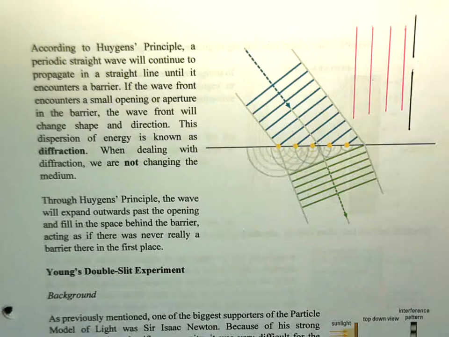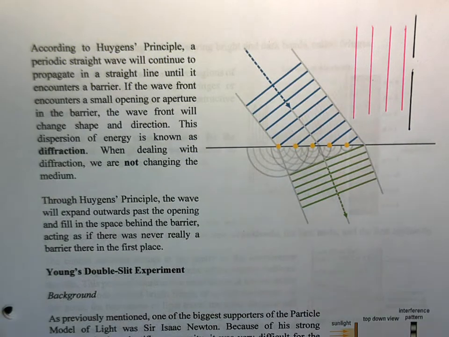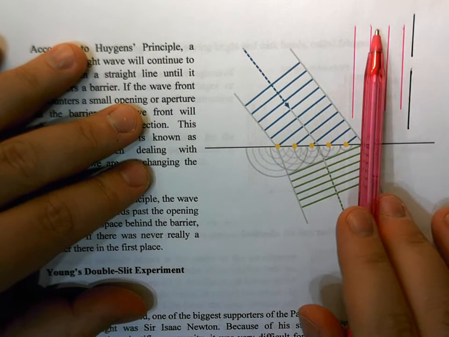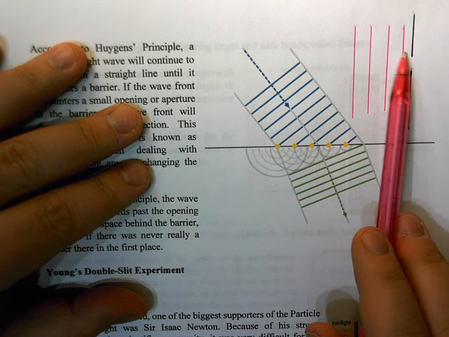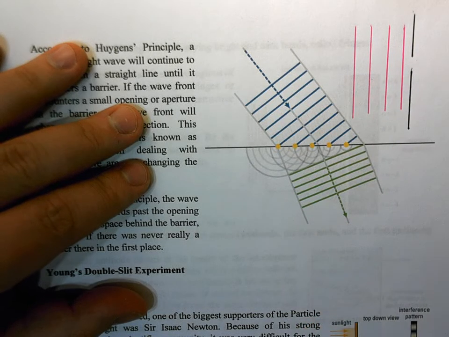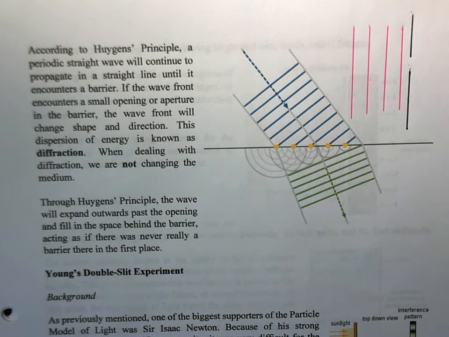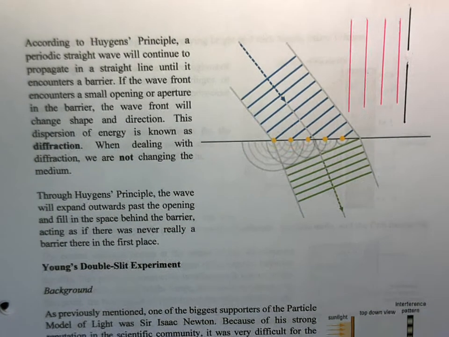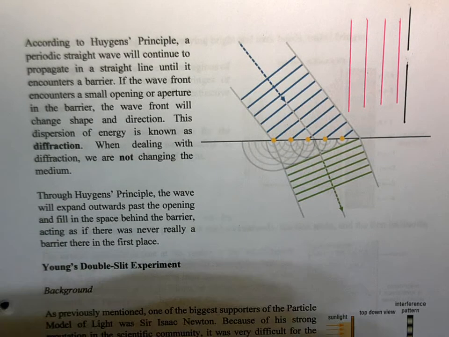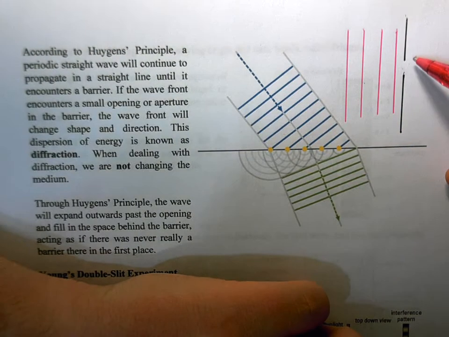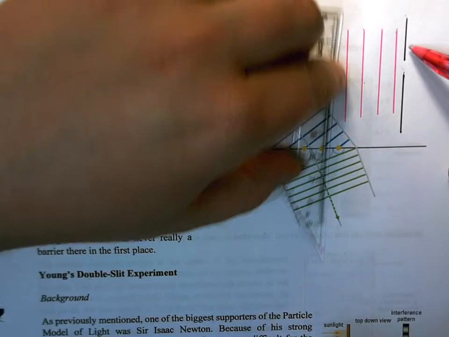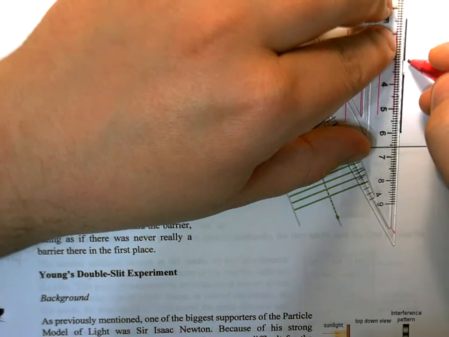If we were to treat light as a particle, the particle model would say that with this barrier there, the light's going to be blocked here and here, and all we should see is light travel in a straight line through that barrier. But we've noticed that that's not quite the case. Huygens' Principle says we look at these little wavelets. The first part is correct: the wavefront is going to be partially blocked by the barrier here and here.